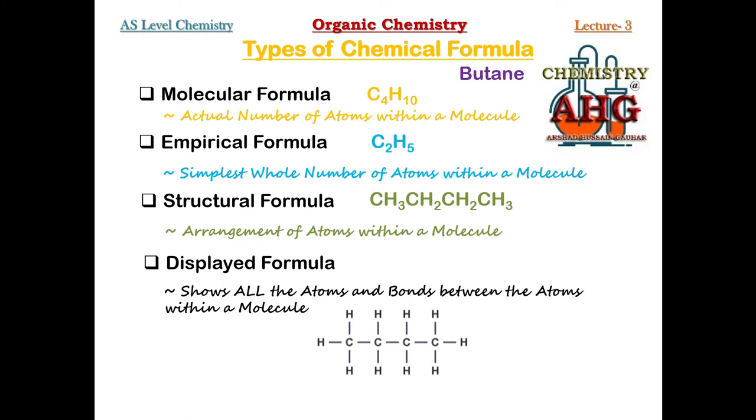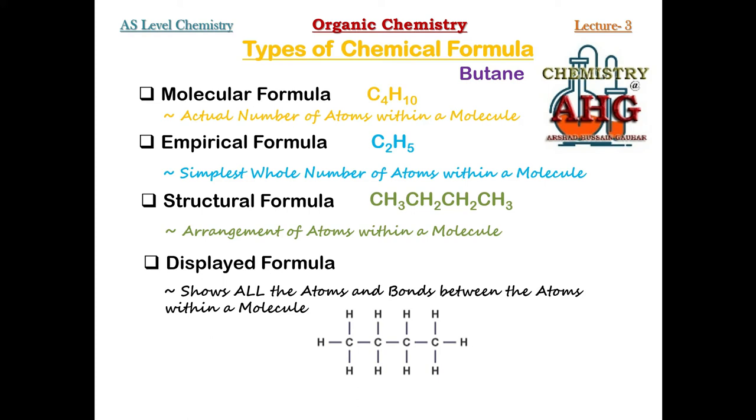So these are the four types of chemical formula you are familiar with from your previous class, but you must be very clear about these types whenever they are asked in your AS examination. You must be clear whether it is asked about the structural formula or the displayed formula. You must be able to tell the exact difference between these types of chemical formula.